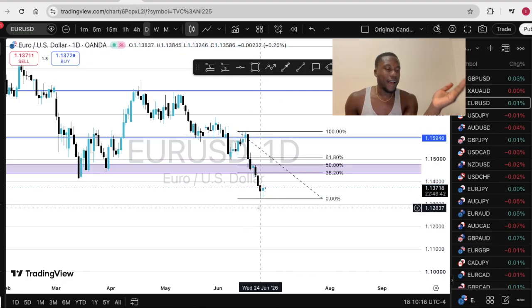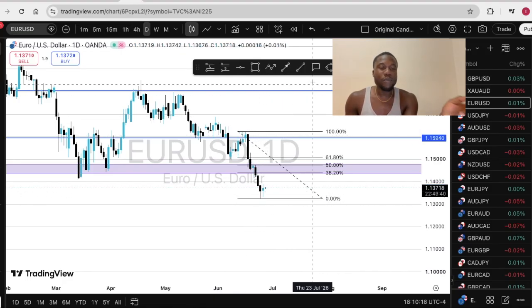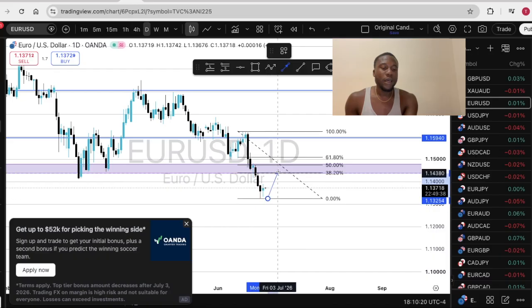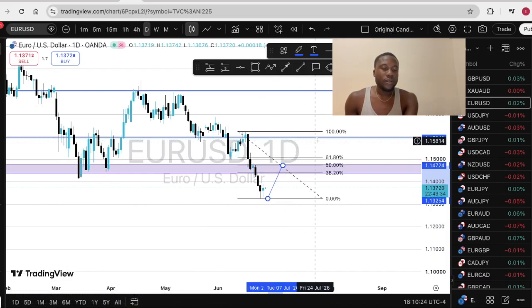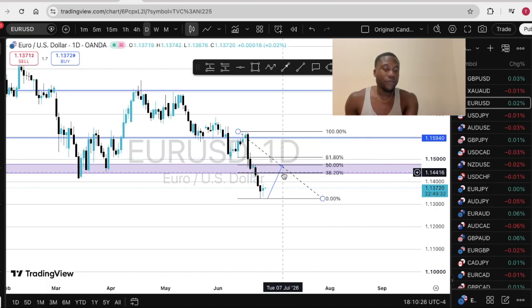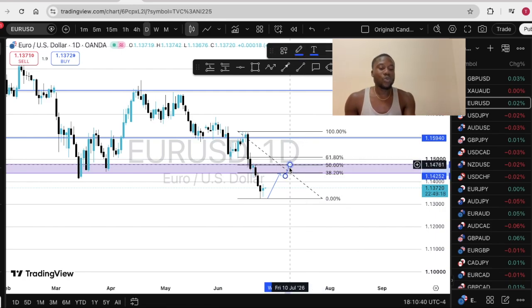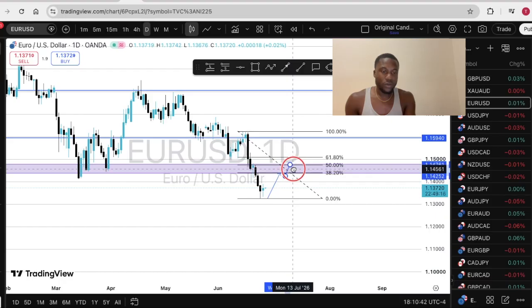For example, if the market was to retrace here, I'm going to want to enter at this 38 level, and then enter the trade again at this 50%, and then I also want to be in the trade at that 61.8%. So that's what I'll be looking out for.